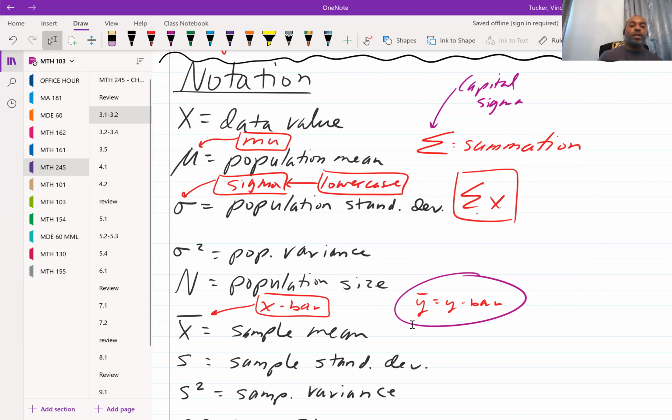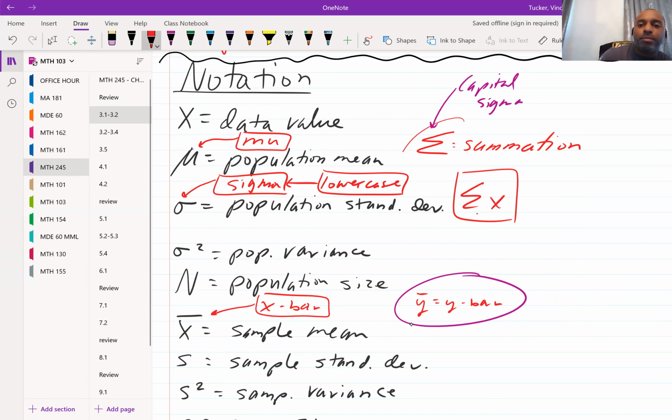So when you see the Greek letter mu, that represents your population mean. That's the average of your population. Then this is lowercase sigma right here. Greek letter sigma represents the population standard deviation. And then lowercase sigma squared is the population variance.